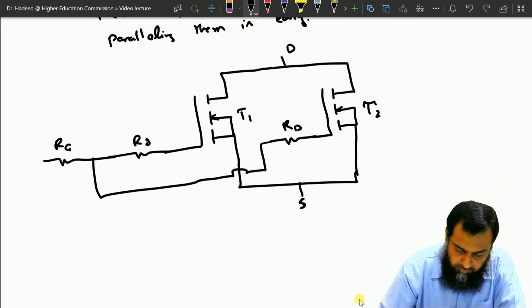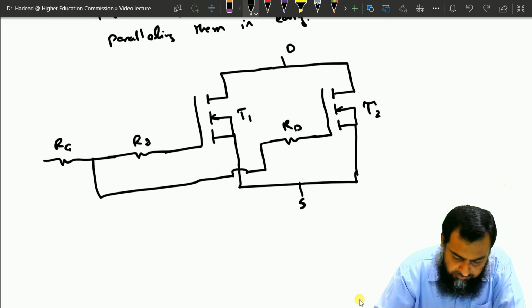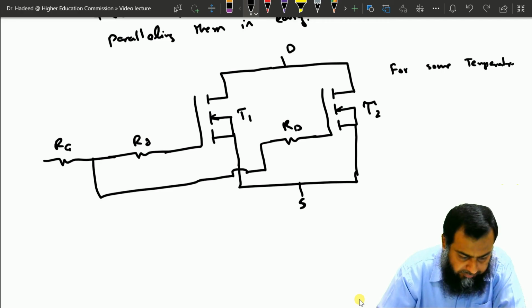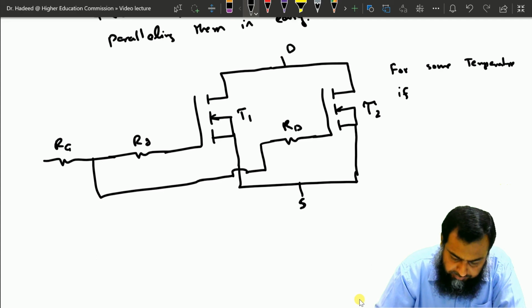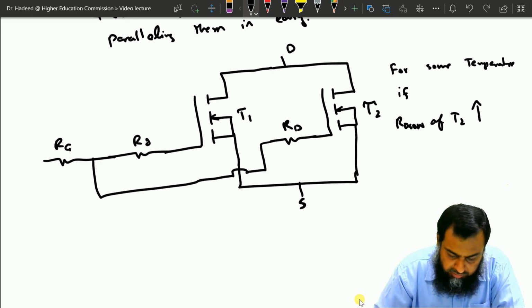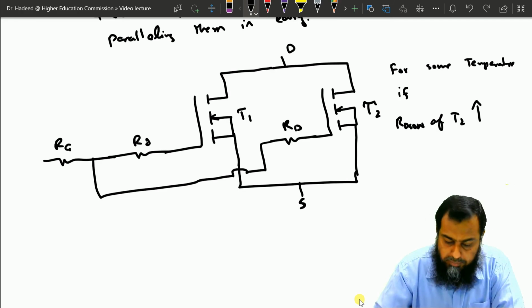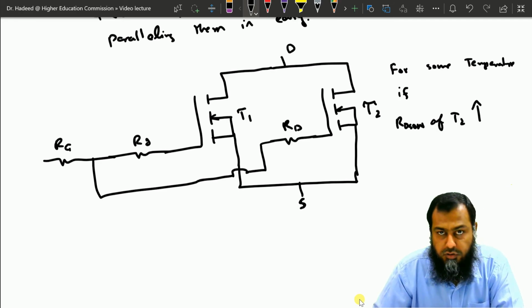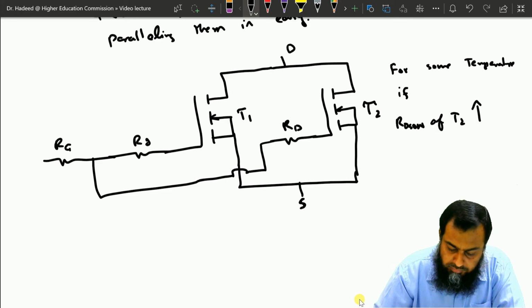So let us say that for some temperature T, the RDS on of T2 rises and becomes greater than that of T1, because when the temperature rises, the RDS on also rises.